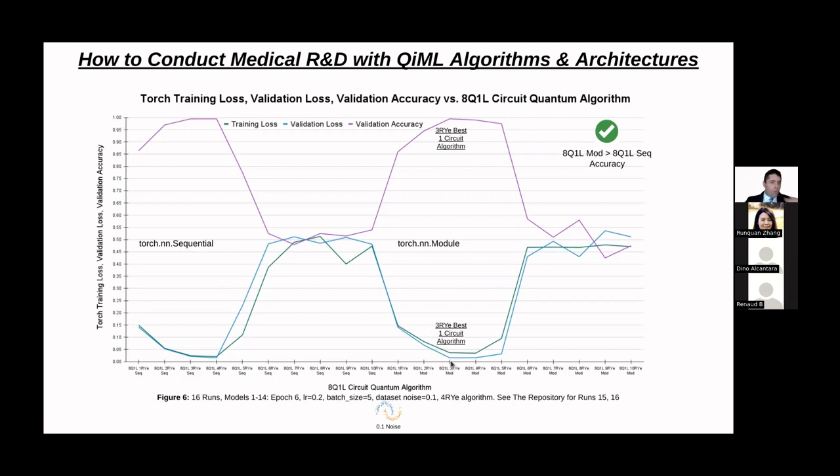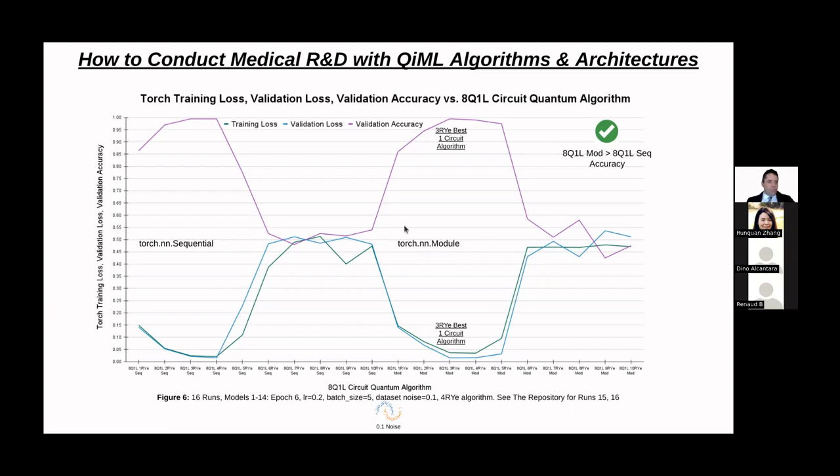Low loss typically corresponds to high accuracy. It just depends, because for some of these sequentials for the 8 qubit, there were 2 that were high, and then the one here, it was just 1. But overall, the performance was broader using torch.nn.module.